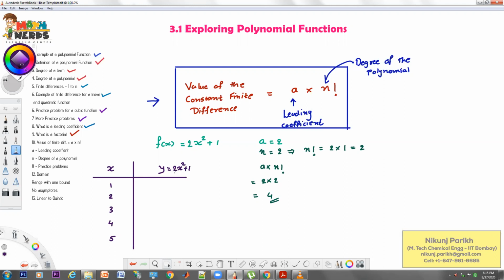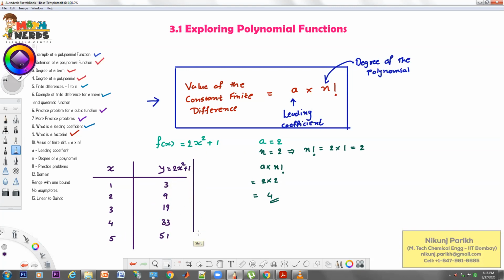So that is 1 times 2, 2 plus 1, 3. 2 squared is 4, times 2 is 8, plus 1 is 9. 3 squared is 9, times 2 is 18, plus 1 is 19. 16 times 2 is 32, plus 1 is 33. And 5 squared is 25, times 2 is 50, plus 1 is 51. So these are the values for y.